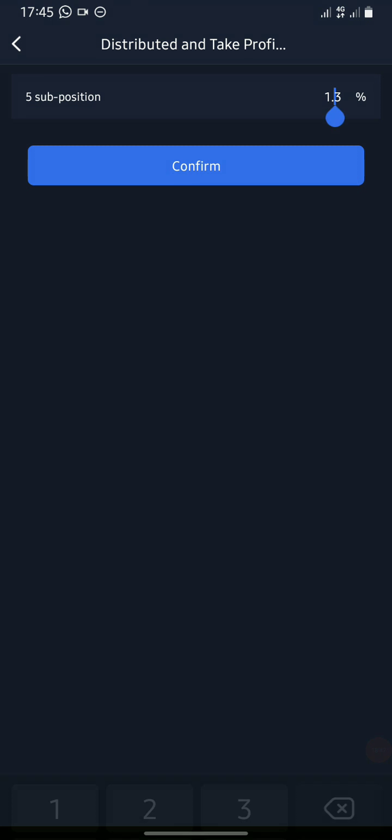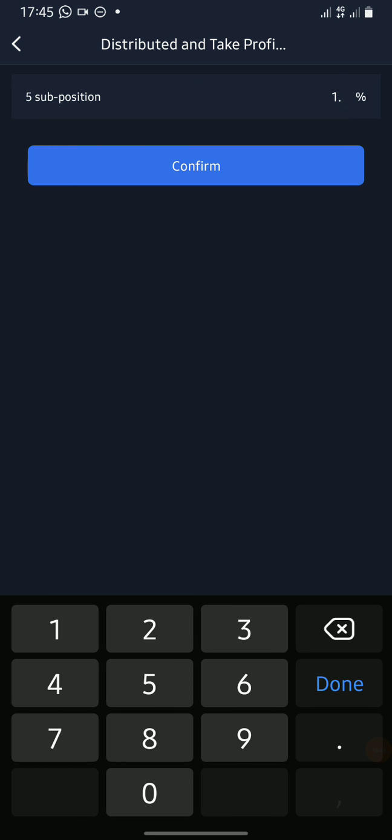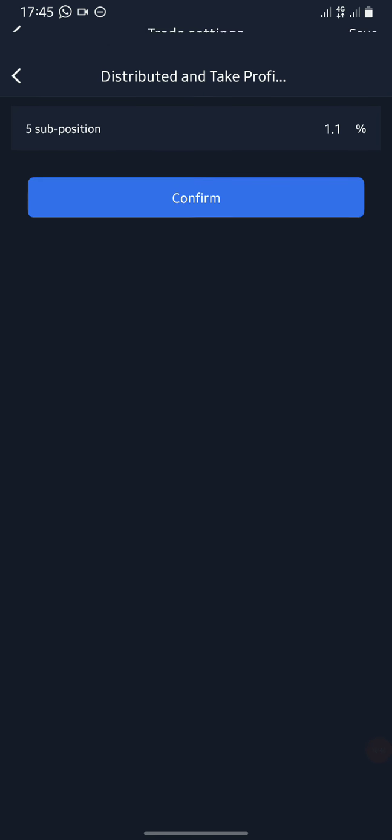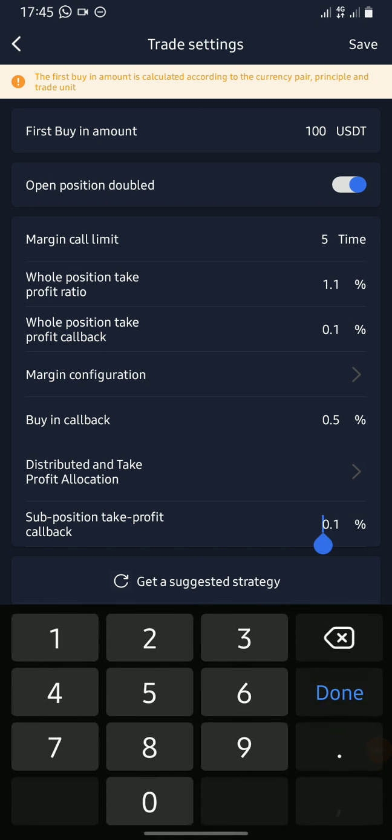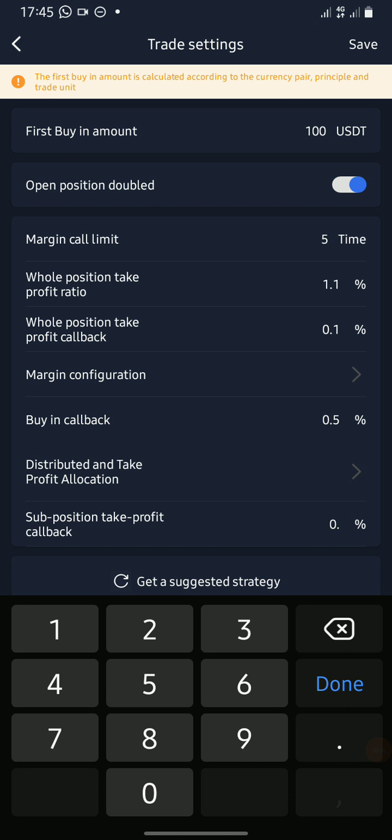Then here 1.1. Confirm. All right. Buy in callback. Sorry, it's a mistake. Supposition buying callback 0.5. Yeah.